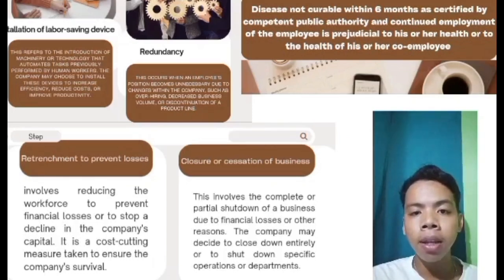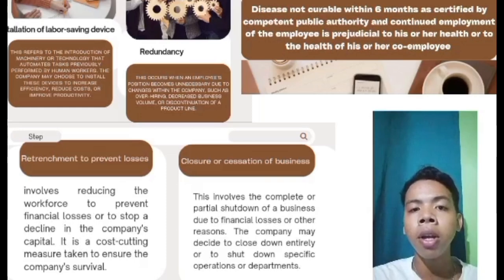The company may decide to close down entirely or to shut down a specific operation or department. Fifth, disease not curable within six months as certified by a competent public authority, where continued employment of the employee is prejudicial to his or her health or to the health of co-employees.